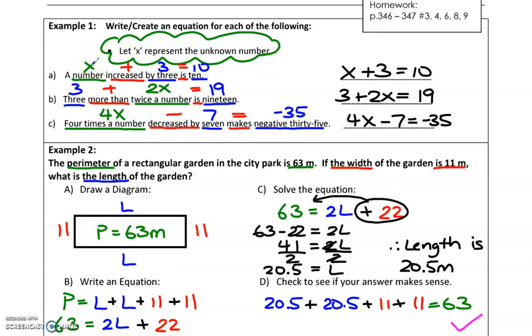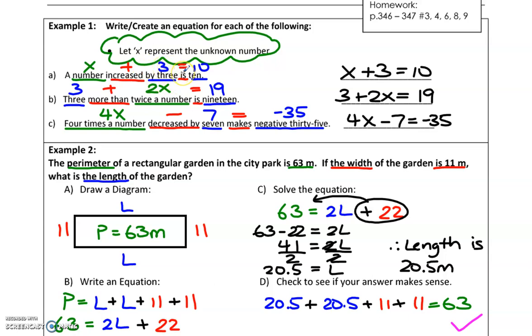Now we're going to continue to translate with symbols and numbers and see if we can change all these words into math instead. So when it says a number, we're going to put X, increased by, so notice that increase means go up, like plus, some sort of an addition. So I just underline that in red, and I'm just going to put a plus symbol. So increased by 3. So that 3 right there I underlined in blue, and I have the blue 3 right above.